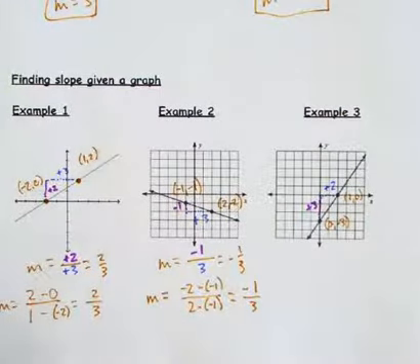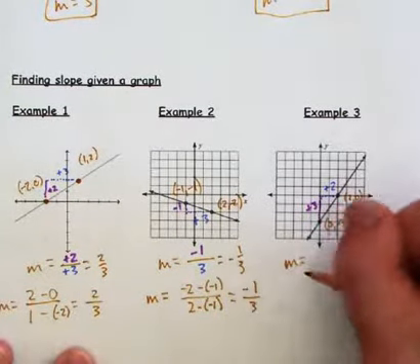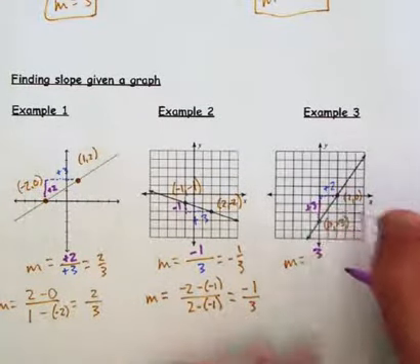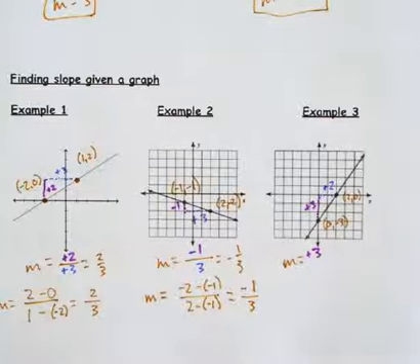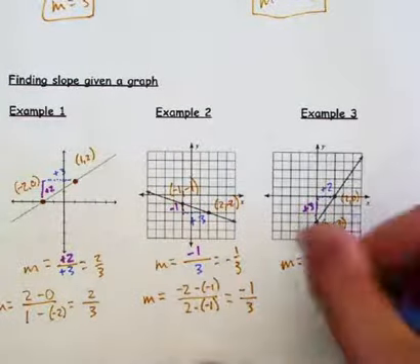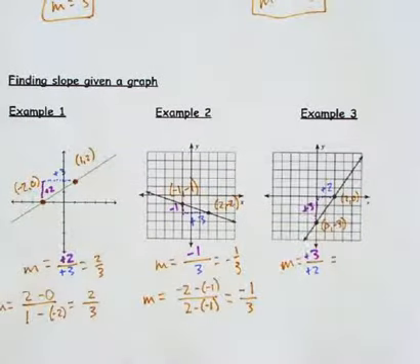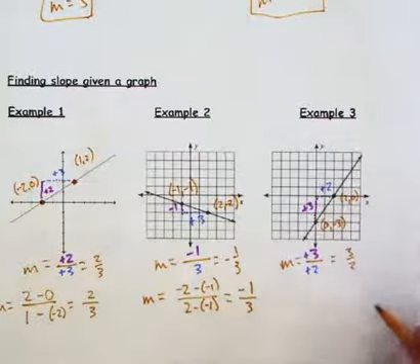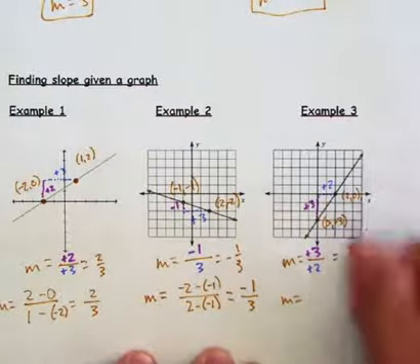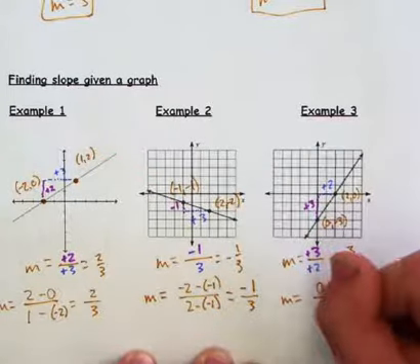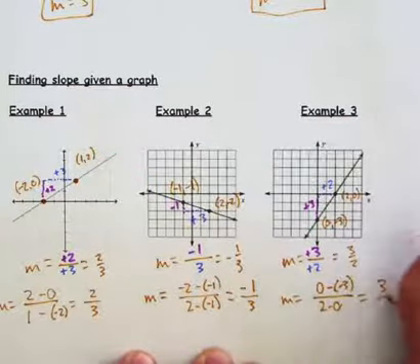So we get m equals positive 3 over positive 2, or 3/2. And we can check it again. m equals 0 minus negative 3 all over 2 minus 0, which is 3/2.